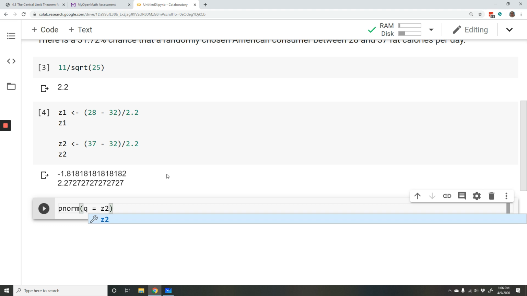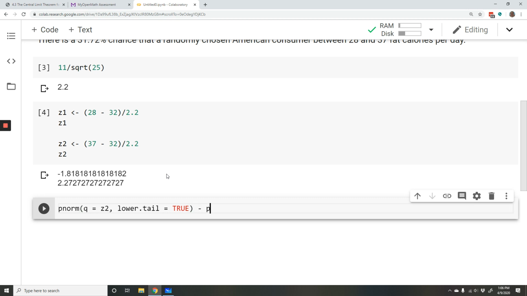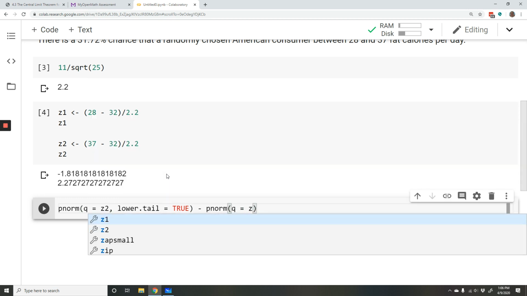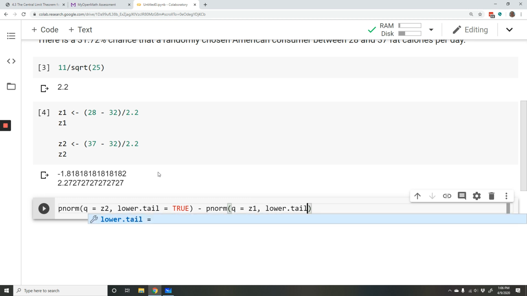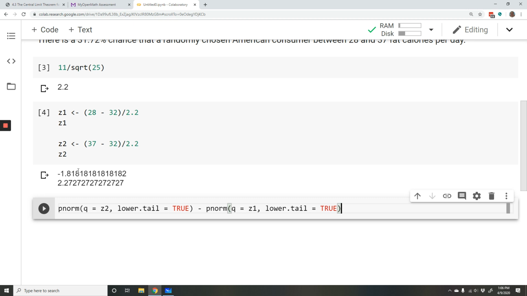So z2, and I want everything to the left of that. And then I'm going to subtract the probability of the lower z-score, and I want everything to the left of that. So I'm taking everything to the left of my bigger z-score, but then that's too much. So I subtract off the excess, which is everything to the left of the smaller z-score.